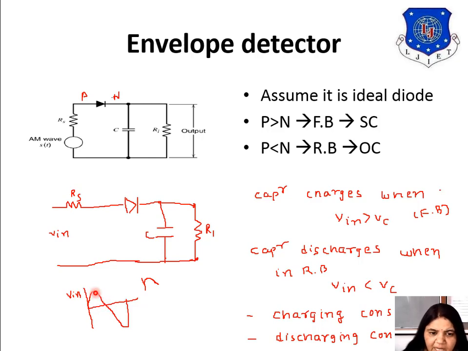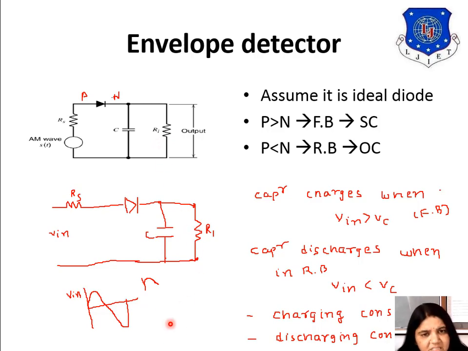So Vin is less, and you know that the capacitor is already charged, so the voltage across this capacitor is more. So when Vin is less than Vc, the capacitor discharges and the diode is reverse biased. When the capacitor charges, the charging time constant is Rs multiplied by C, and when it discharges, the discharging time constant is RL into C.